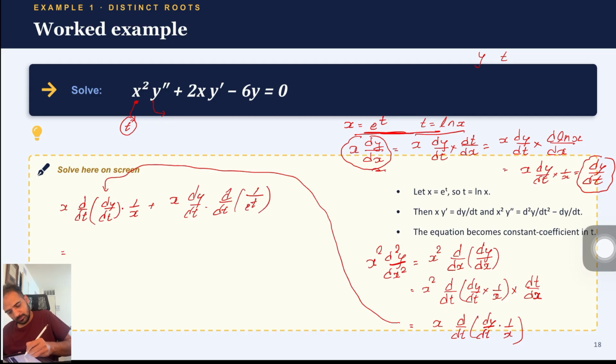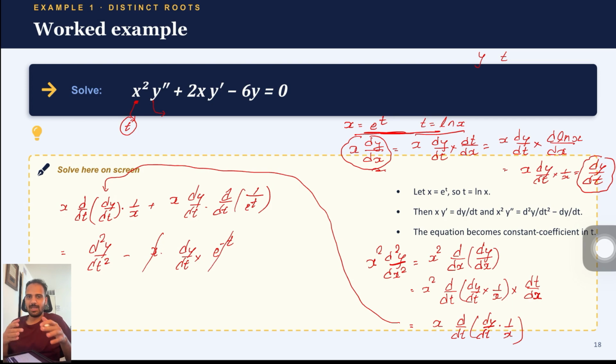So this x cancels out, giving d square y by dt square, negative x dy over dt into exponential minus t. This x and exponential minus t cancel out, because exponential negative t means 1 over x. So the end will be d square y over dt square minus dy over dt. You can just memorize this if you want your solution to be faster.